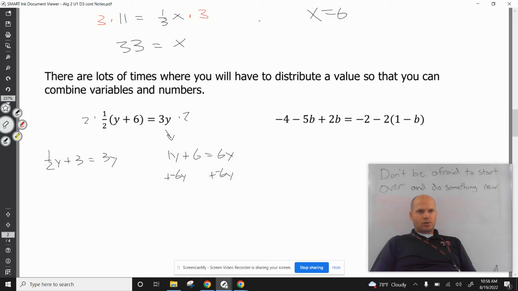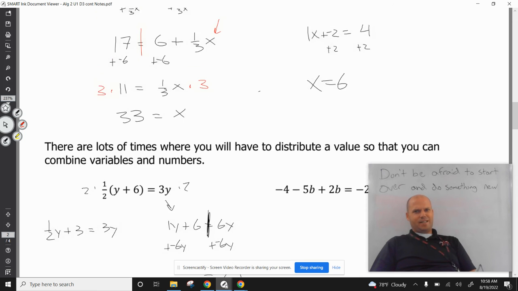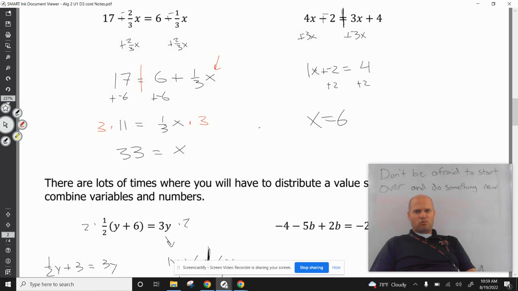Because a lot of students don't realize that on this side of the wall, after you've gotten rid of the 6y's, you have nothing left. A lot of people, when we solve equations, we don't write these zeros. When you add 2, you don't write x plus 0 equals 6, right? You just eliminate it because it's plus 0.